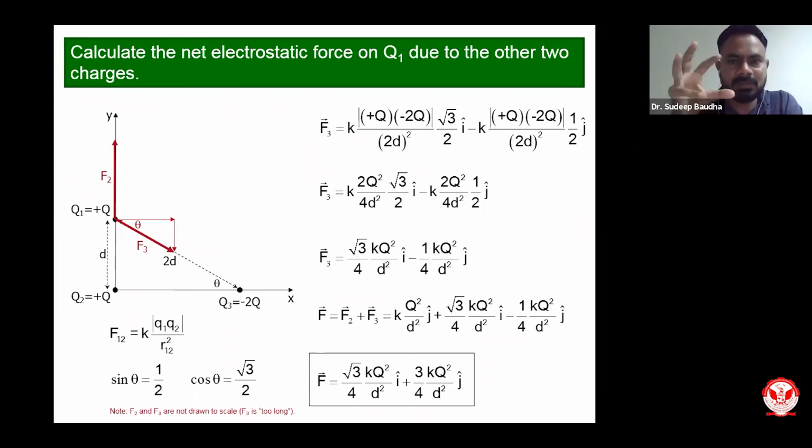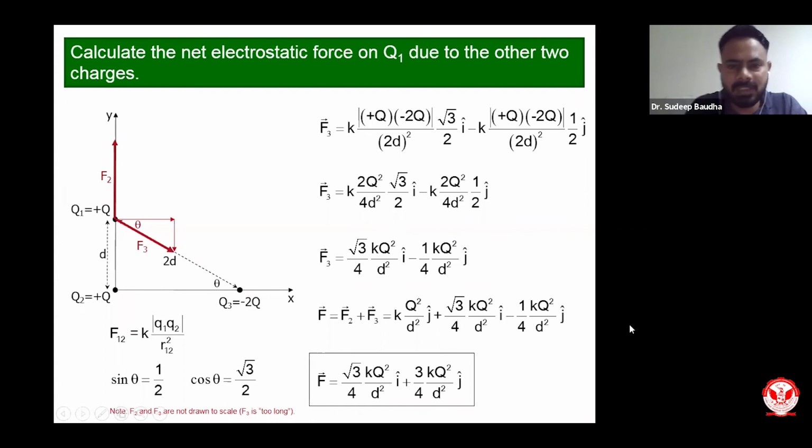So this theory is very important, and I just wanted to demonstrate how you can calculate the force exerted on a single point by the other charges surrounding it. This question can be modified now. Instead of two charges, I can have 5 or 7 charges of different values and different orientations, but the steps will be the same.